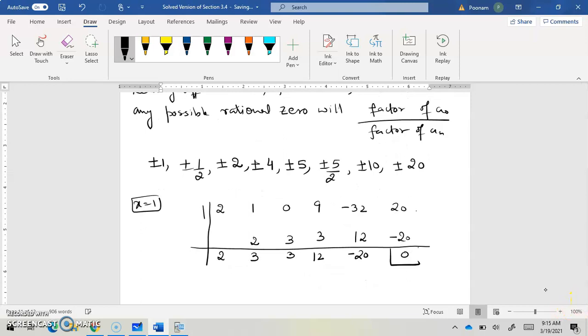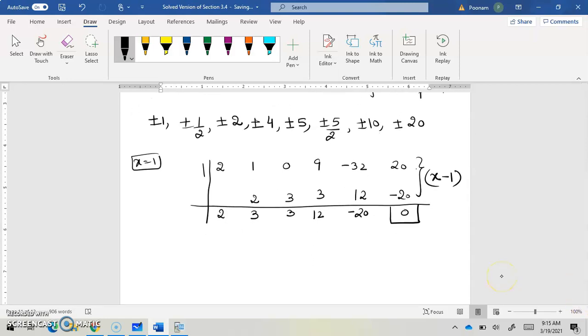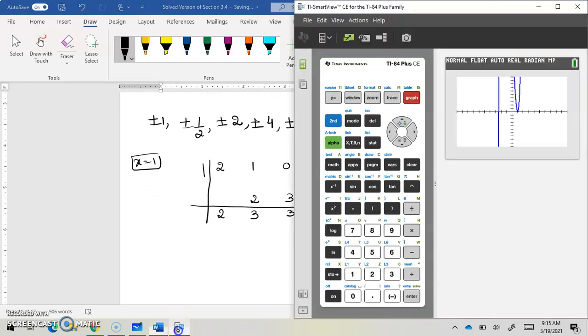So we have this remainder 0. That means one factor is x minus 1. Now let's check the quotient. If you notice, this 1 is a touch point, so it may have more than one multiplicity, because it has to be even multiplicity since it's a touch point.